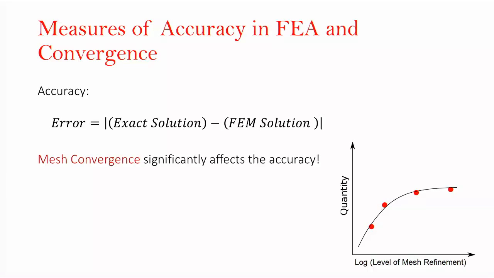It means that sometimes when you refine the mesh, when you make it fine, you're getting more accurate results. So to find out that you have already passed mesh convergence, you need to refine the mesh a couple of times when you're solving a problem using FEA.